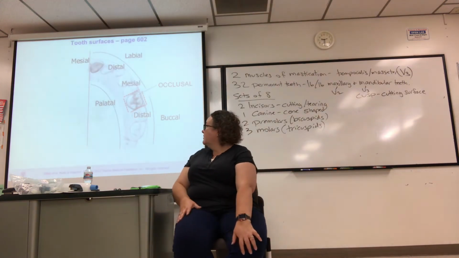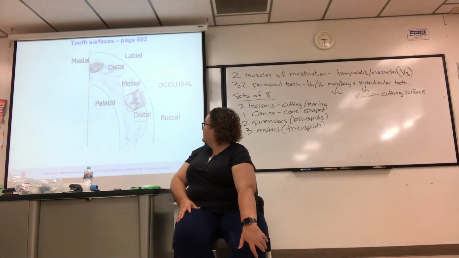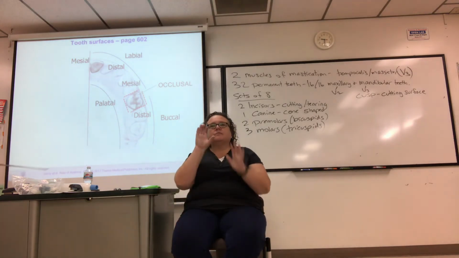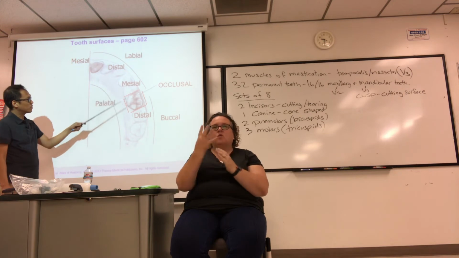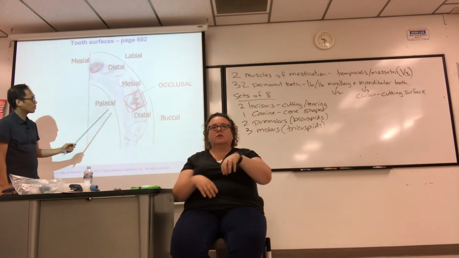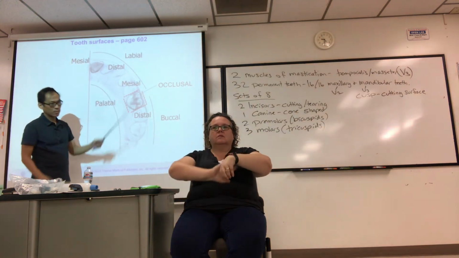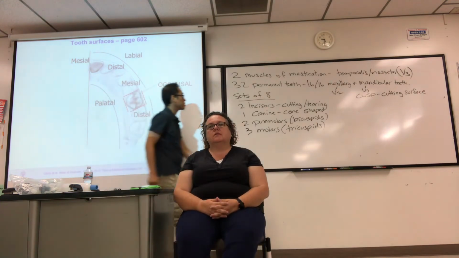Here's a picture showing you the 4 sides of a tooth: mesial, distal, palatal, and buccal or labial. Find those.